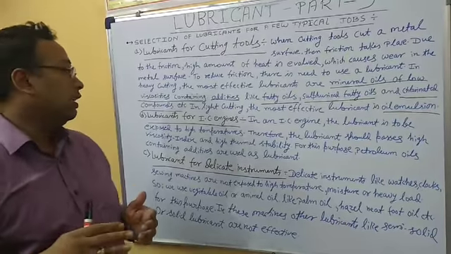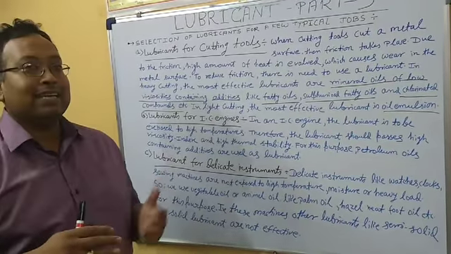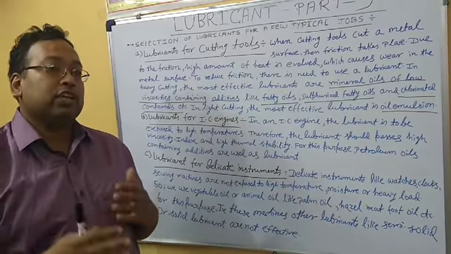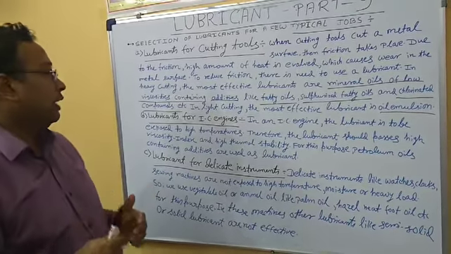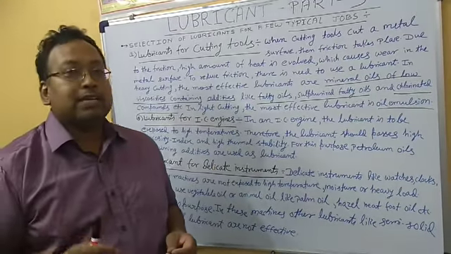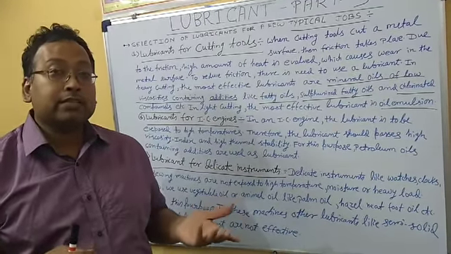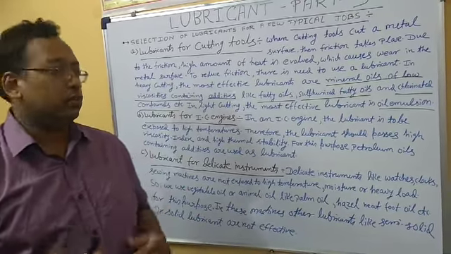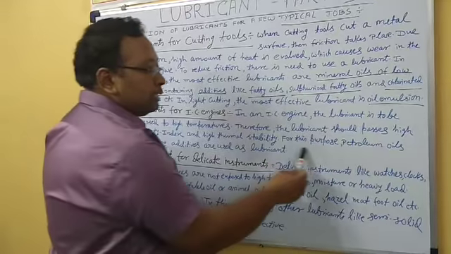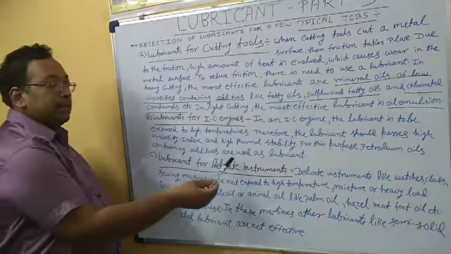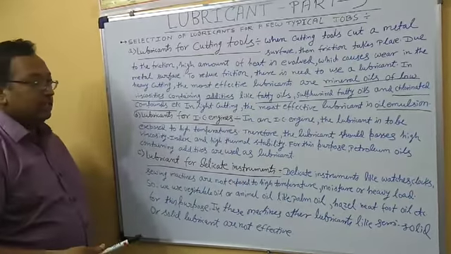If the viscosity index is low, it means that the variation is too much. And high thermal stability means that the lubricant should not evaporate or decompose at high temperature. For this purpose, petroleum oils containing additives are used as lubricant.